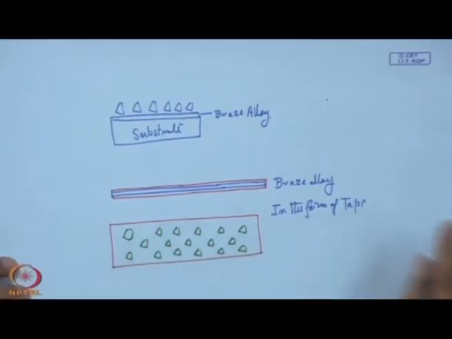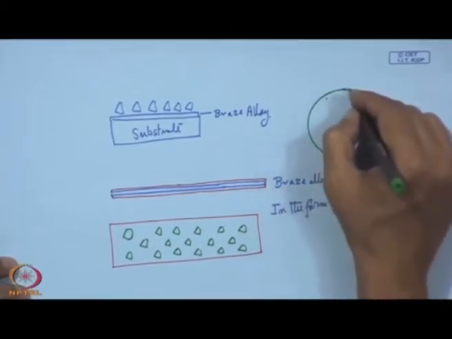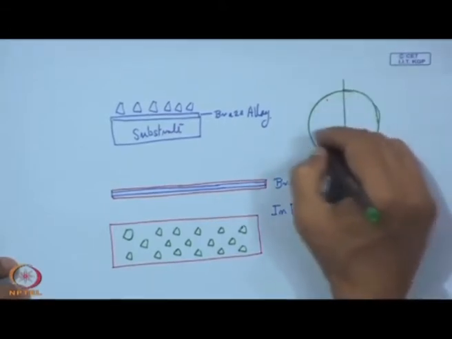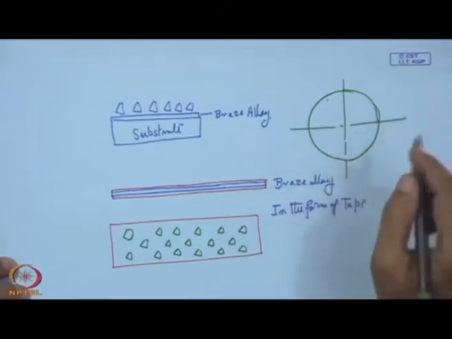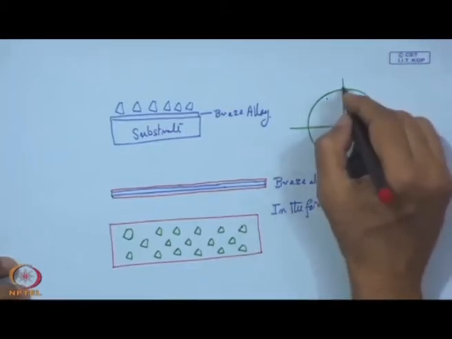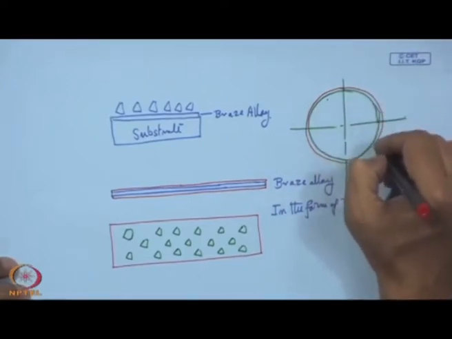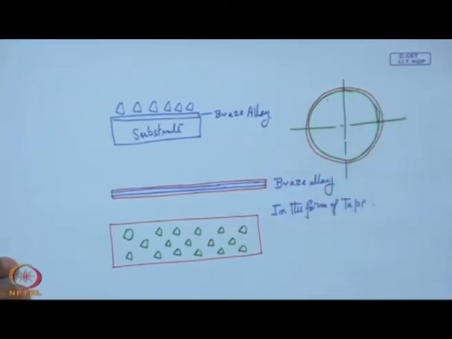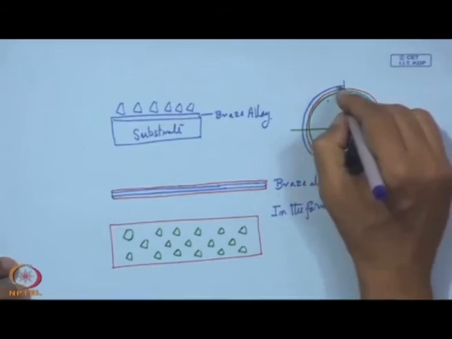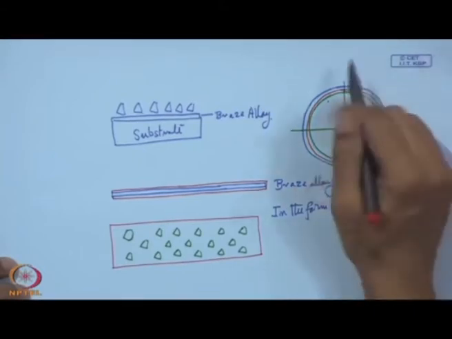If this is, for example, a cylindrical surface, the idea is that it is going to be a manufacturing technology, and this tape will be wrapped over the surface with the temporary binder, then the plastic bonded braze alloy, and then the top temporary binder.